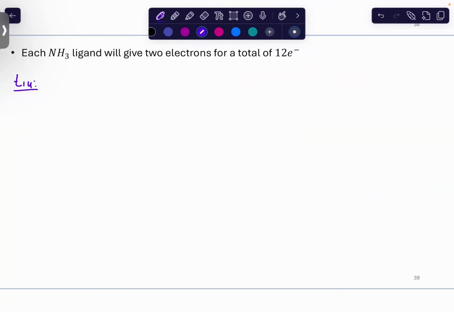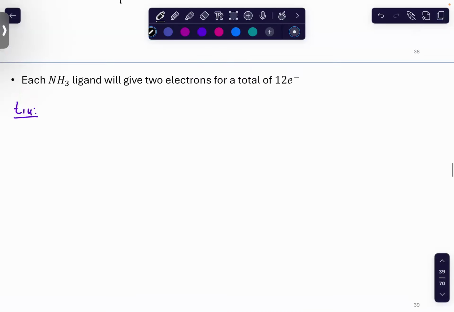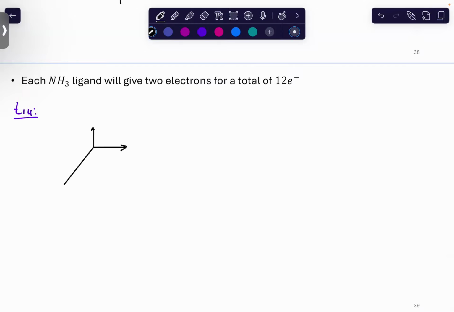Because you remember that orbitals of the same symmetry are going to have to form the bonds. You don't even necessarily need to do all of those, you'll get the point.